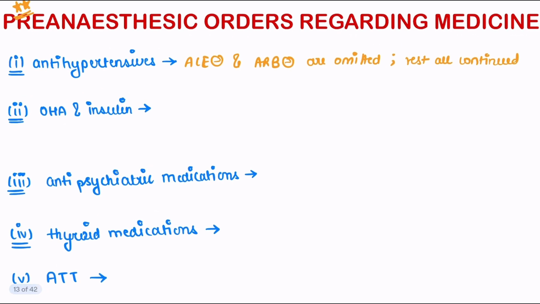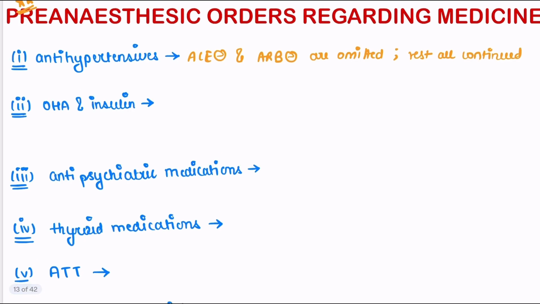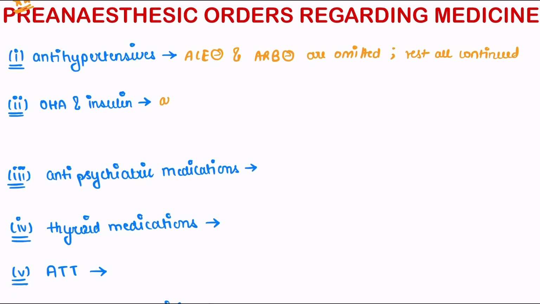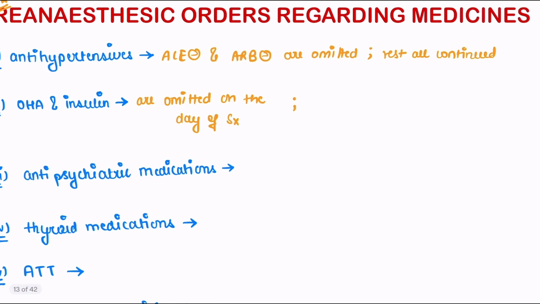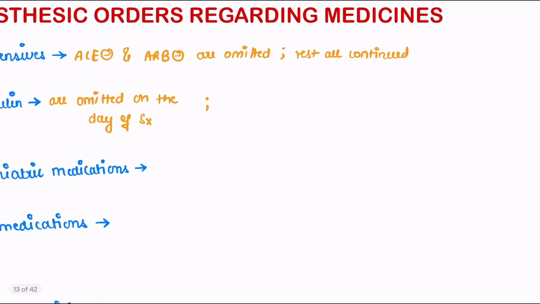For oral hypoglycemic agents and insulin, they are omitted on the day of surgery. If the insulin is very necessary to be given, then for type 1 diabetes mellitus, we can give half the dose of insulin, and for type 2 diabetes mellitus, we can give 1/3 the dose of insulin.